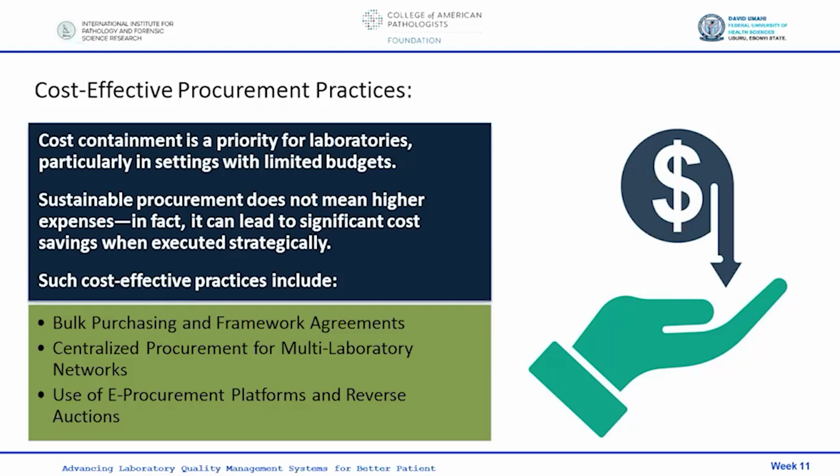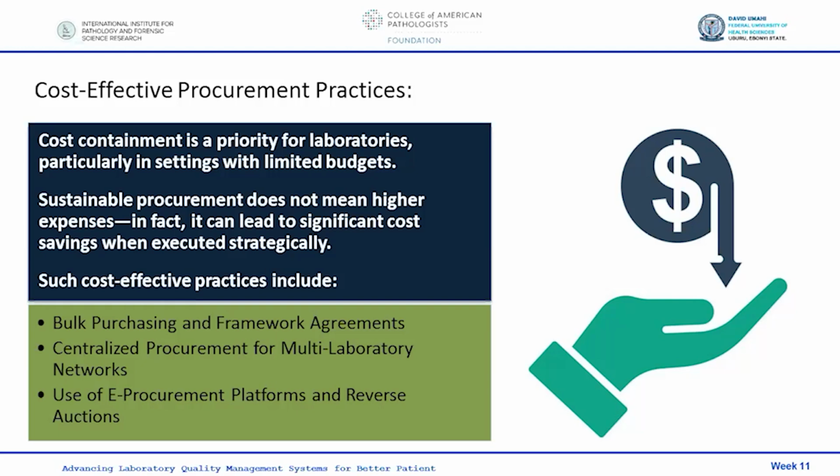Another way of saving costs is by use of e-procurement platforms and reverse auctions. This is about using online procurement systems to enable wider vendor participation in the procurement process.